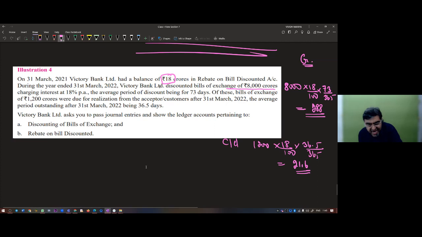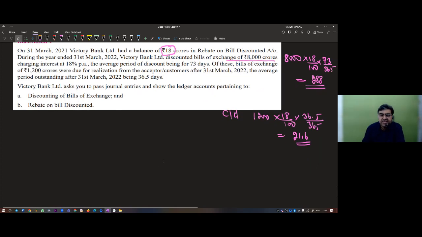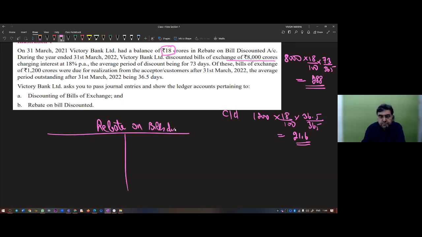Instead of an entry, if I make the ledger directly so you understand beautifully: rebate on bill discounted is a liability of 18 crores, answer in crores. FIFO, first in, first out. The last year's unexpired discount will expire in the current year.